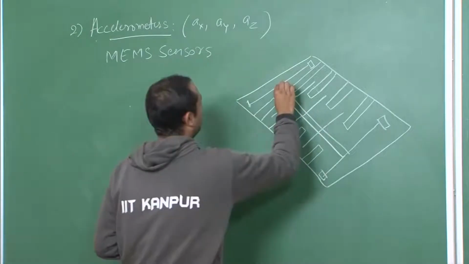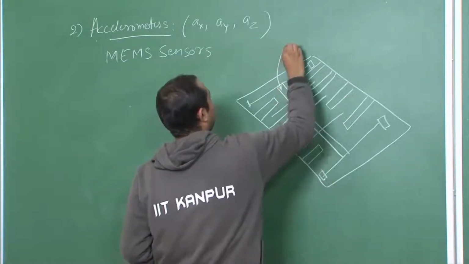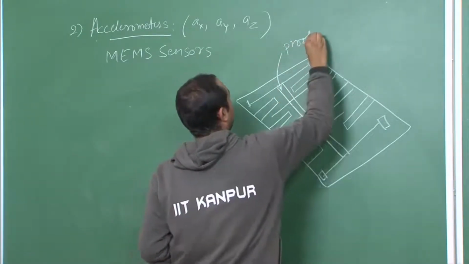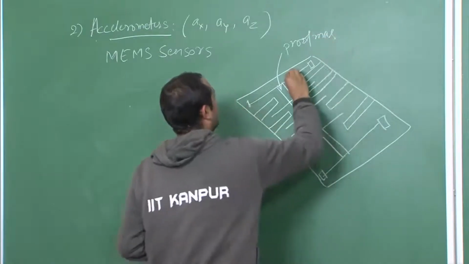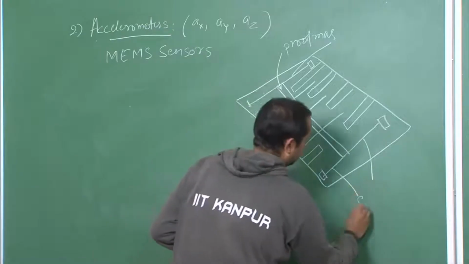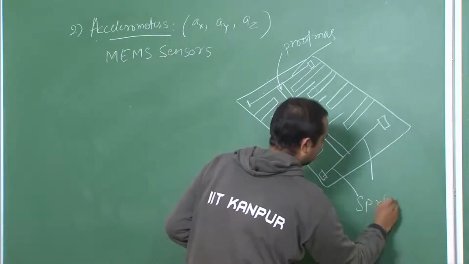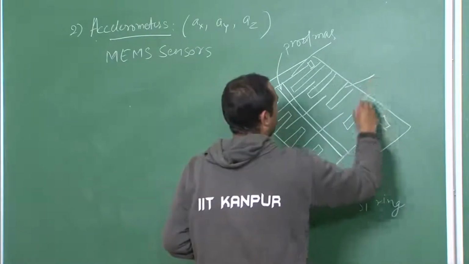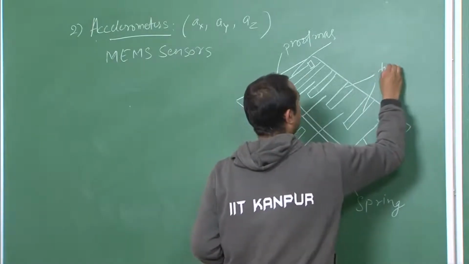This is your proof mass. These are your springs, these and these are your springs. These all are fixed plates.